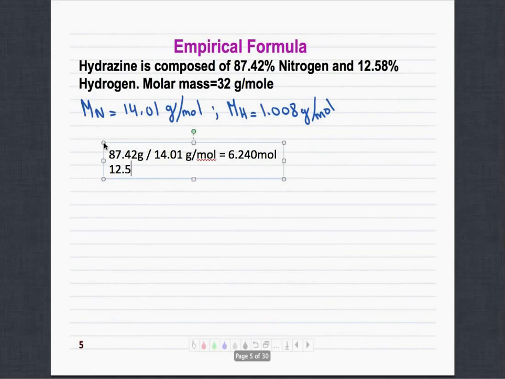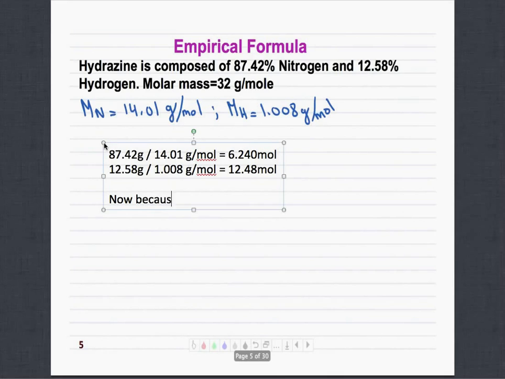Then I'll do the same calculation for hydrogen: the number of moles of hydrogen is the mass over the molar mass. I have 12.58 grams of hydrogen in this compound, and the molar mass of hydrogen is about 1 gram per mole. So the number of moles is 12.48. This is how much nitrogen and hydrogen I have in there.